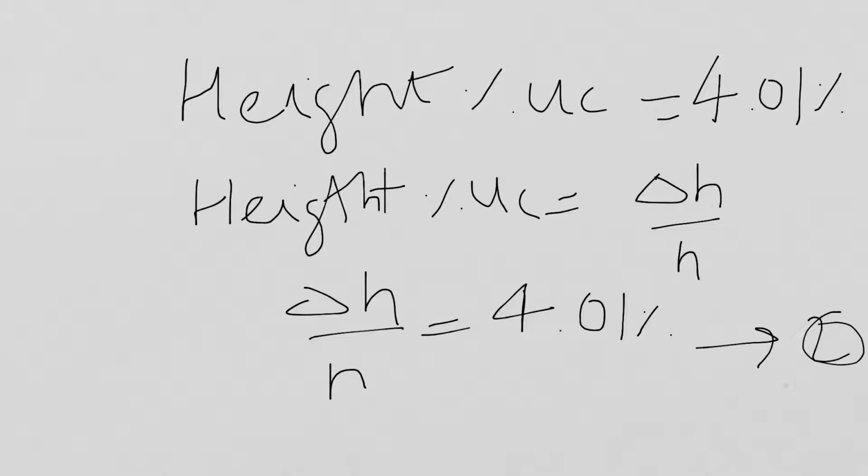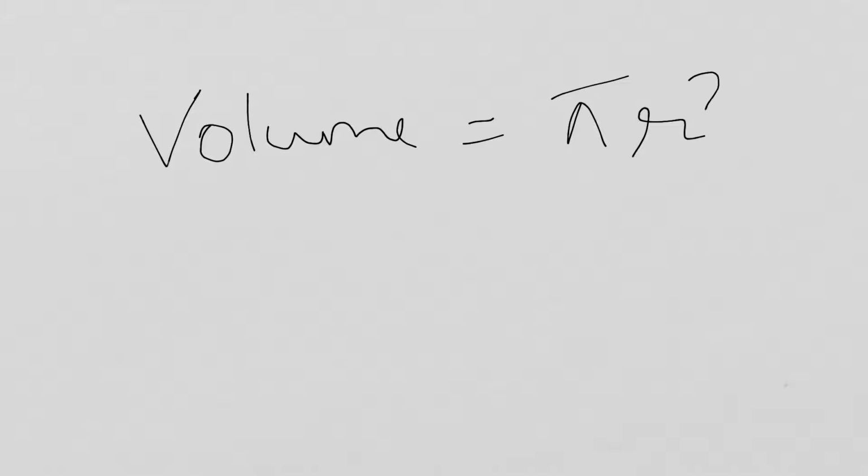Now they have asked the uncertainty in radius. What they have asked is to find the uncertainty in radius. As you know, volume of a cylinder is given by pi r square h.